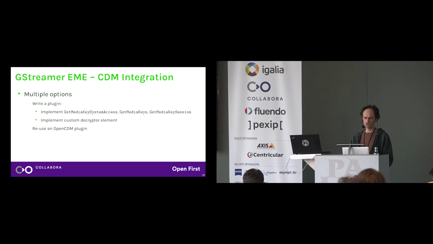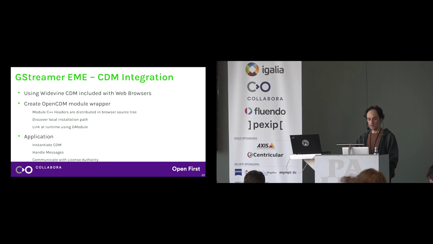And anything that works with OpenCDM should be able to work with this EME API. So that's another option. And there could be some other options too, but those are the two that we're going down right now.